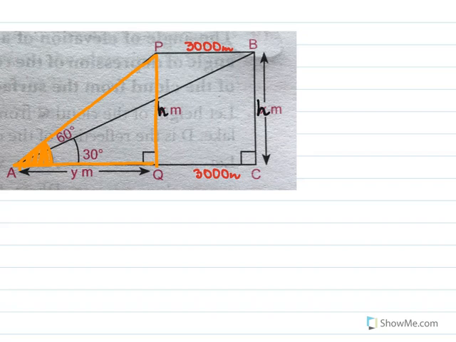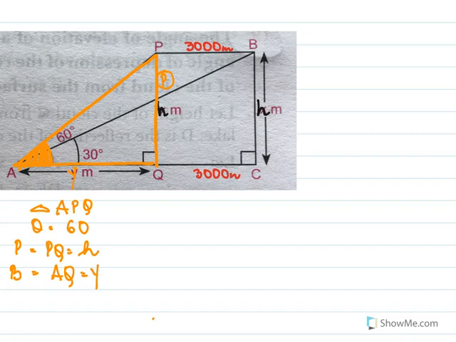This is the triangle with 60 degrees, and that triangle is APQ. Theta is 60, we are going to mark its perpendicular and its base. The perpendicular we saw is PQ, and this is the base here. So PQ, the perpendicular, we will take as h, and AQ is the base, which we will take as y.